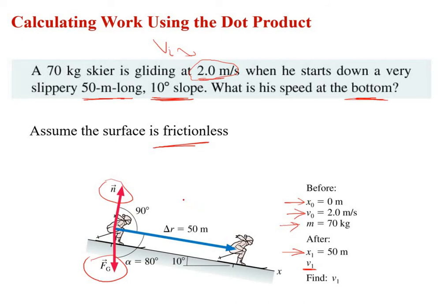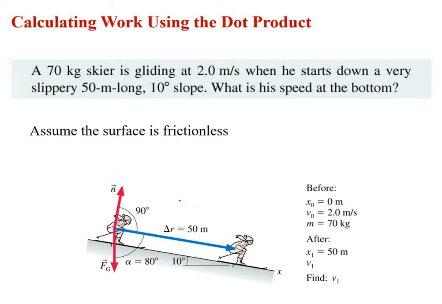You can approach this problem a few ways, but one way is this: since work is force times displacement times the cosine of the angle, this is your force of gravity. Work done by the normal force is going to be 0. Work done by gravity is going to be the force of gravity times the displacement times the cosine of the angle.